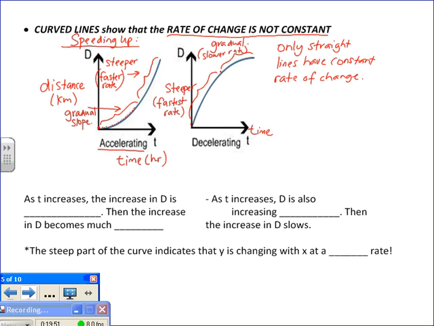We can sum this up down below at the bottom as well. So it says, for the first graph, as time increases, the increase in d, in distance, is gradual at the beginning. Then the increase in d becomes much greater or faster.